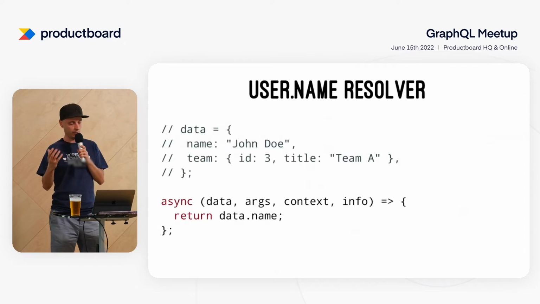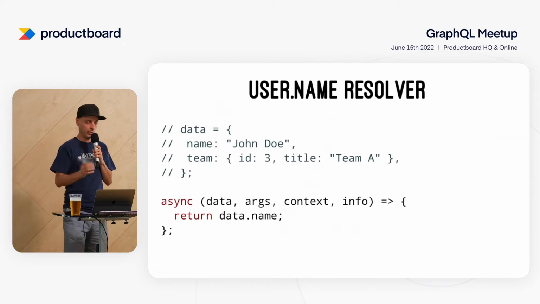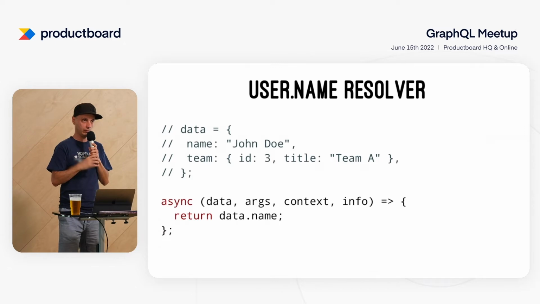The username resolver, for example, gets all the data from the parent, which is the name of the user and the information of the team. Because we are just returning the name field there, that's done. We had the data from the parent, and actually in GraphQL, the resolver like this doesn't have to be specified.